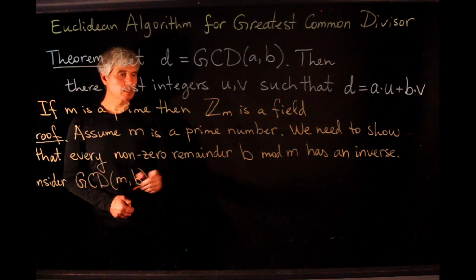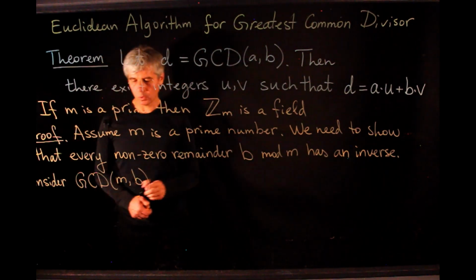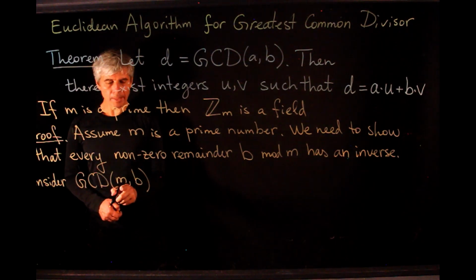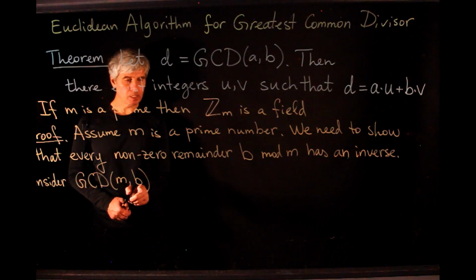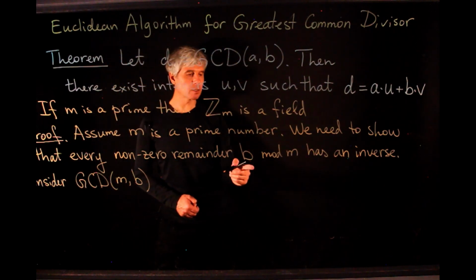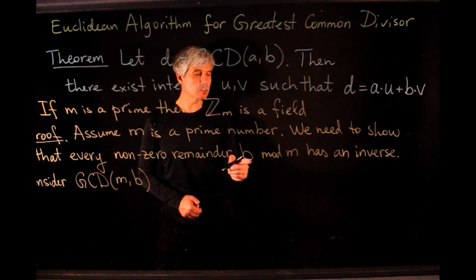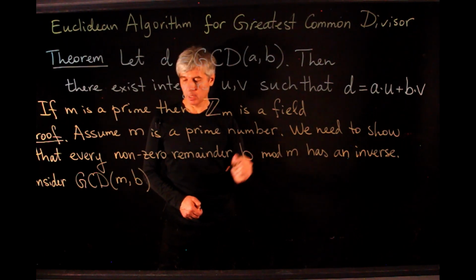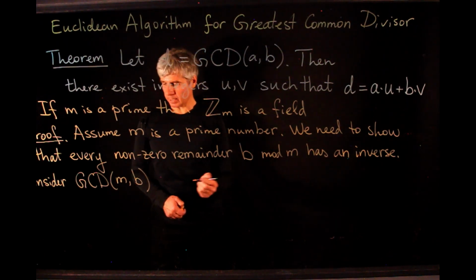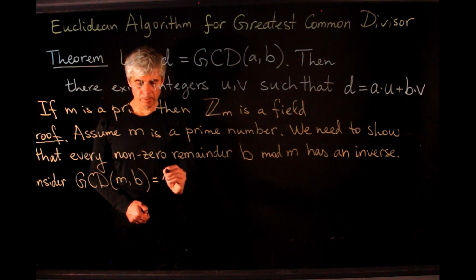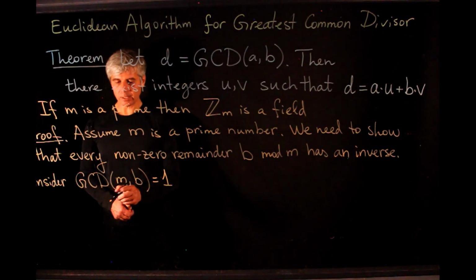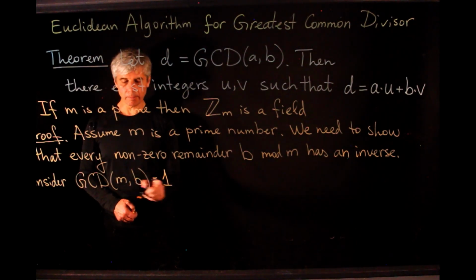M is a prime number, so its divisors are 1 and M. And B is a non-zero remainder, so this means that B is not divisible by M. So this tells us that the only common divisor of these two integers is 1. So the greatest common divisor of M and B is equal to 1 because M is prime and B is not divisible by M.